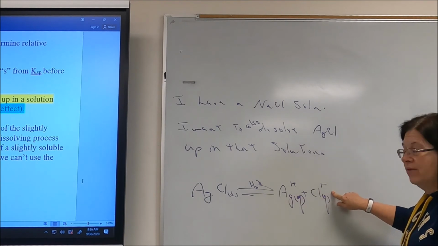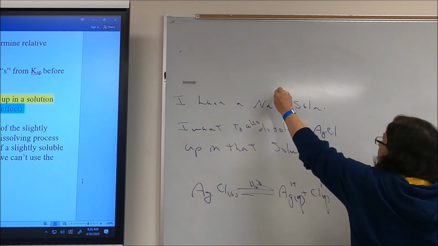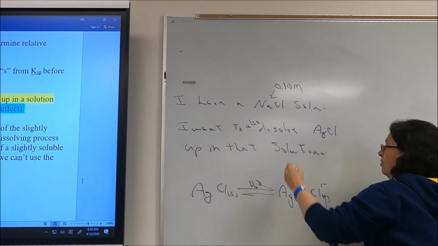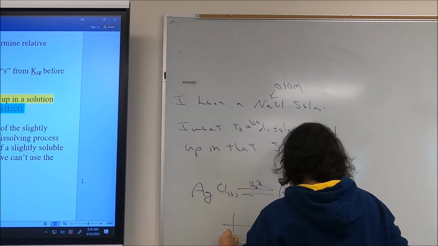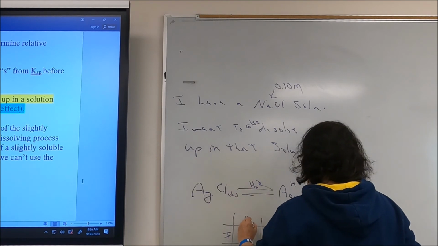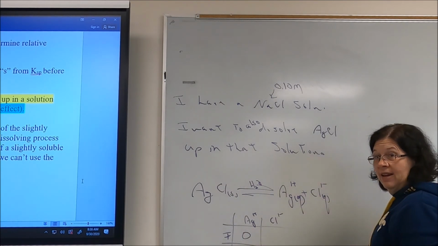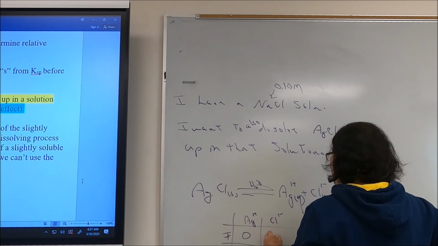I already have some silver ion in here. Some chloride ion in here. Let's say the concentration of this is 0.10 molar. If I did my ICE chart, and by the way, you have to do an ICE chart here. My silver ion content in there to begin with is 0, but my chloride ion content is now 0.10 molar.